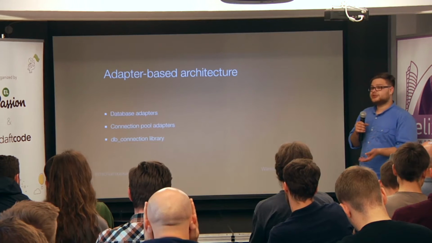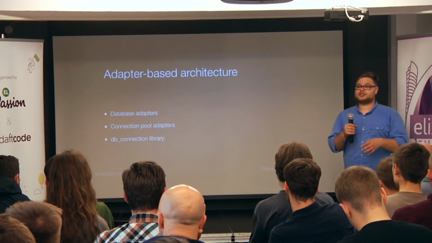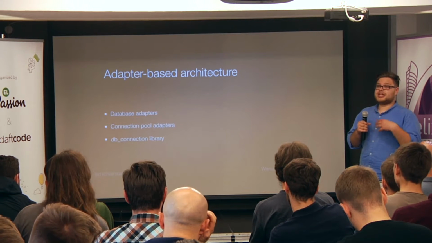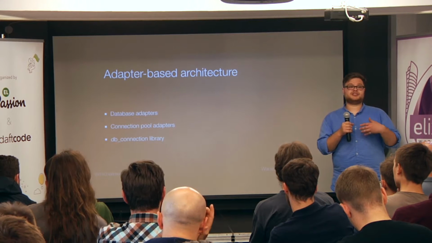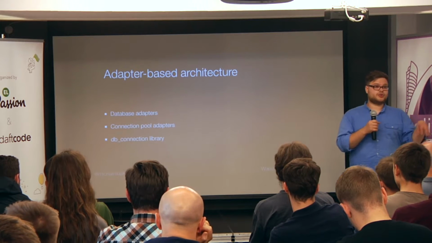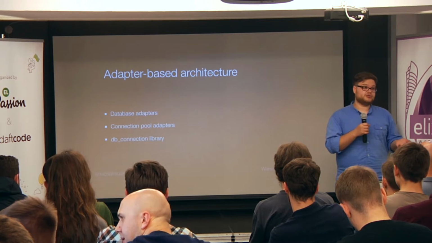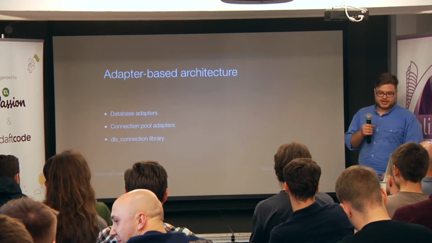I talked a little bit about how Ecto supports multiple databases, and that is because it's built on the idea of adapters. The adapter for each database handles the translation of the Ecto query syntax to the actual SQL, or in case of Mongo, the Mongo query.